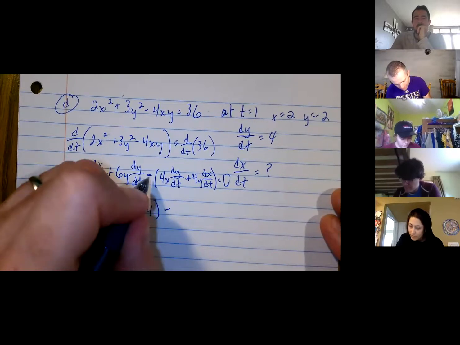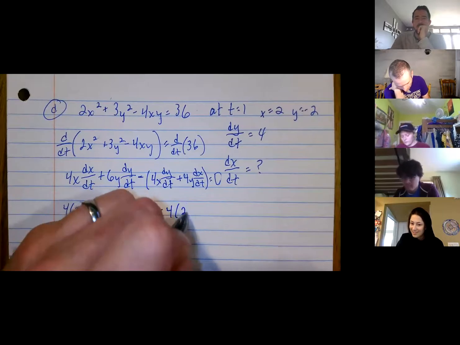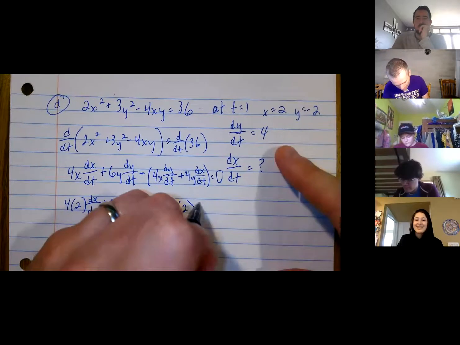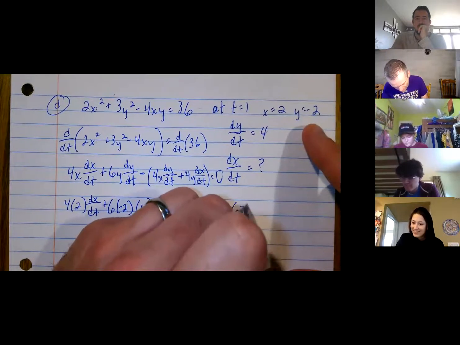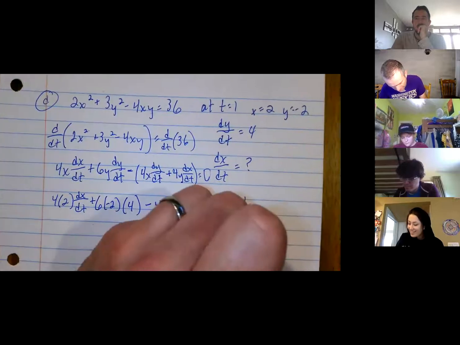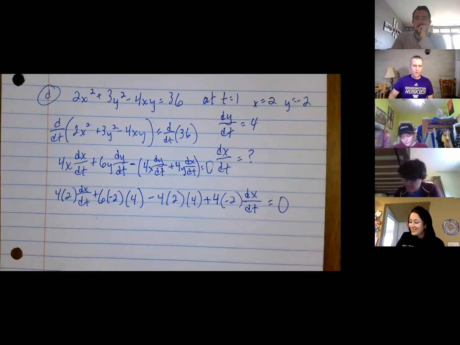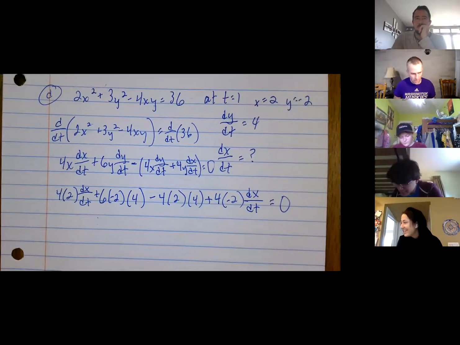Minus, so make sure you distribute the negative sign, minus 4x, so minus 4 times 2, times dy/dt, but dy/dt is 4, and then plus 4 times y, and y is negative 2, times dx/dt, which is what we want to know, and then equals 0. So now you have a relatively simple equation involving just dx/dt.